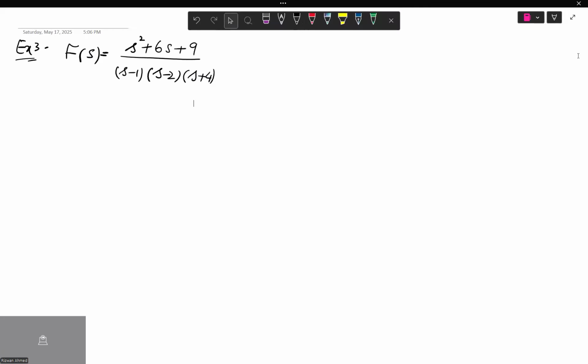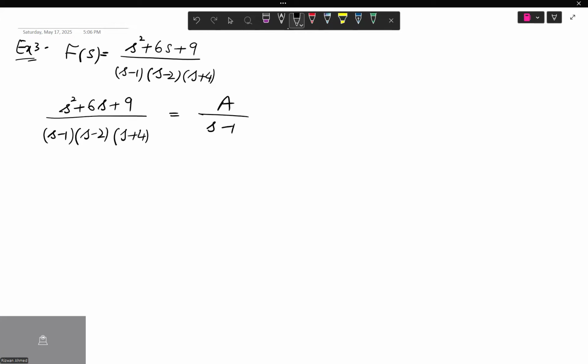So then we can write this expression in conformance with the partial fraction structure: a constant A over s minus 1, plus B over s minus 2, and plus C over s plus 4.